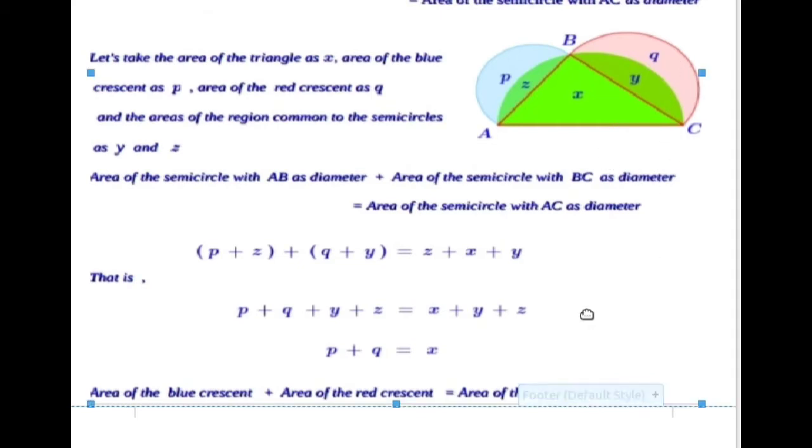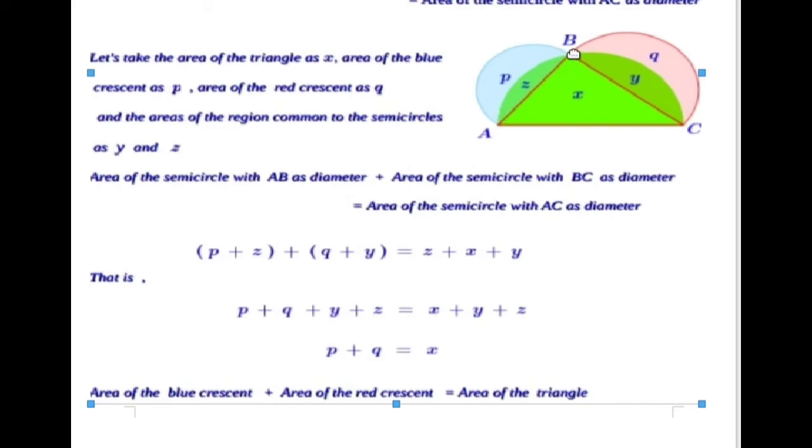For that, we take the area of the blue crescent as P, the area of the red crescent as Q, and the area of the triangle as X. From this figure itself we can see that this set is the common portion of the semicircles with AB as diameter and AC as diameter.